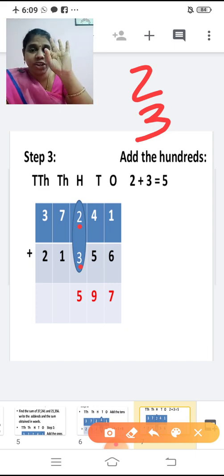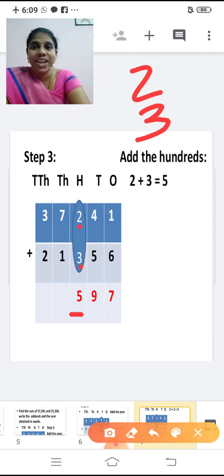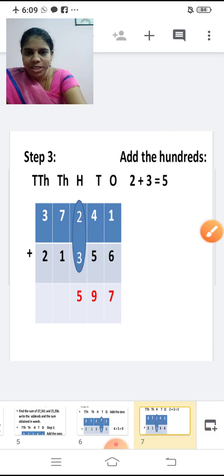After that, we are going to add 3 numbers: 3, 4, 5. So the answer is 5. Write it below the hundreds place. First, we added the ones place, 1 plus 6, 7. Then the tens place, 4 plus 5, 9. Then the hundreds place, 2 plus 3, 5. Then we'll move on to the next one.